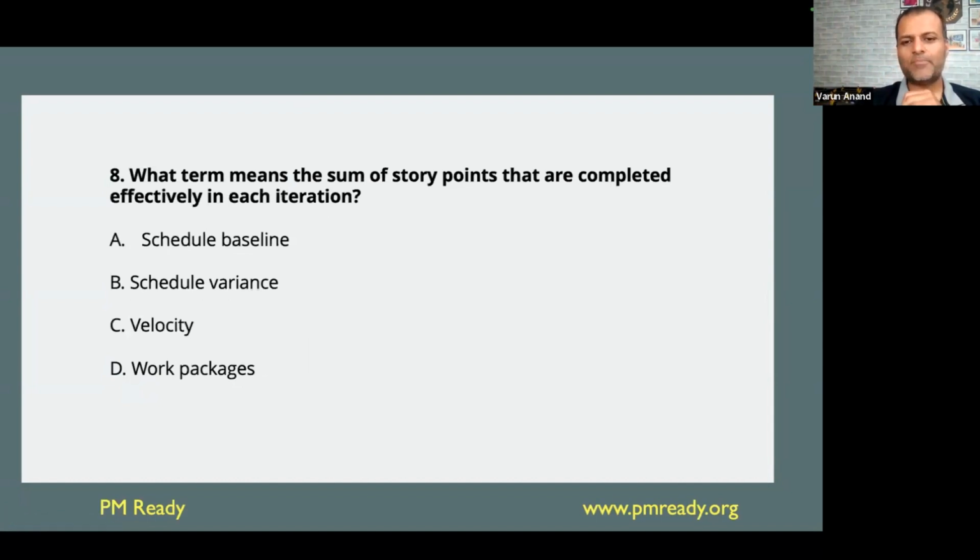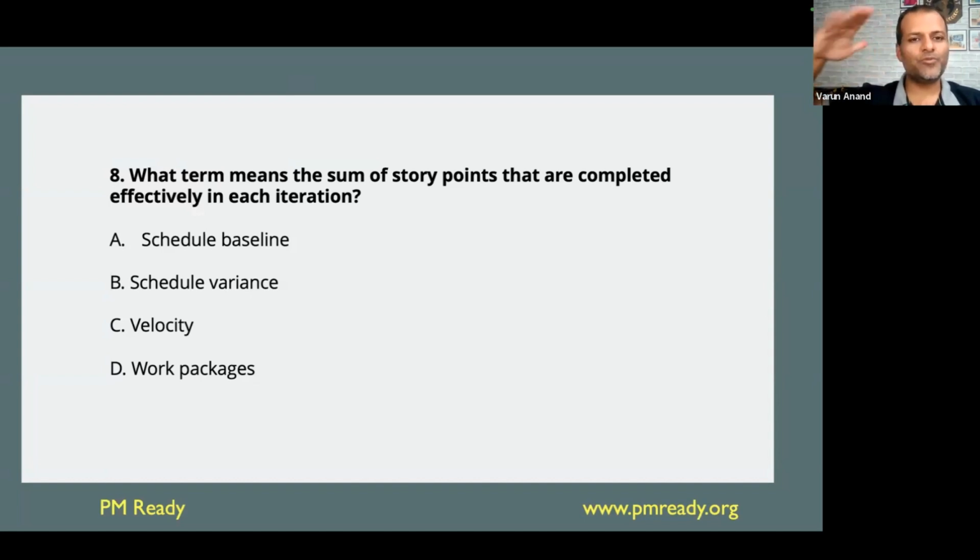What term means the sum of story points that are completed effectively in each iteration? That's velocity. That's a technical concept which I have not explained, so you would not understand this. But let me explain what velocity is. Sorry, what is an iteration first. I explained what a sprint is, right?